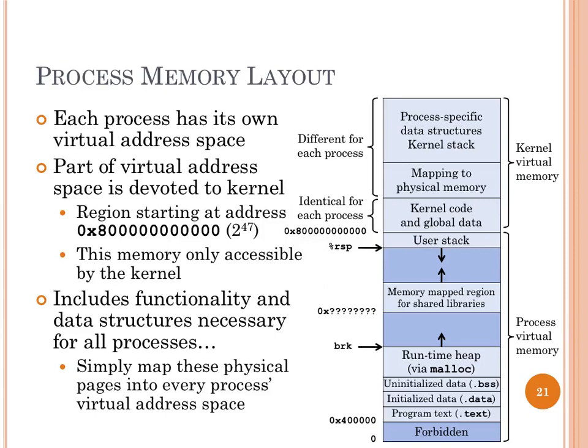But then we dispatch, and we end up leaving on another process's address space. If those two processes have the kernel mapped in exactly the same way, then when the kernel does the dispatching, it won't see everything change out from under it. The only part that actually changes is the user space part of the virtual addressing. The kernel space is identical.